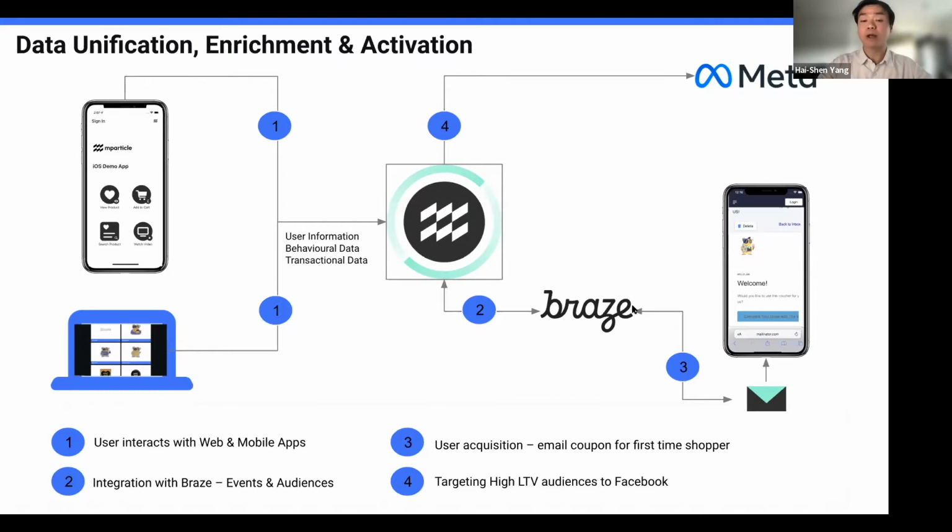The example we have here is Braze. Then we'll be able to further create audiences to drive user engagement or share the user list to different media channels, whether it's your own media channel like Braze or Facebook, those paid media channels as an example. Cool.